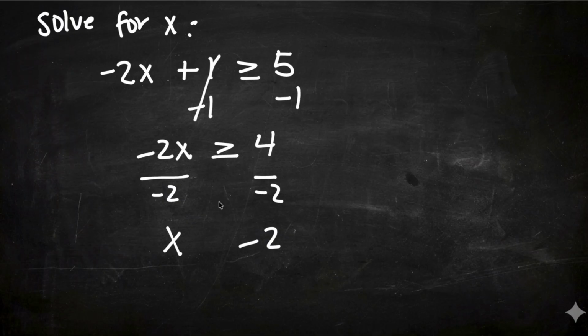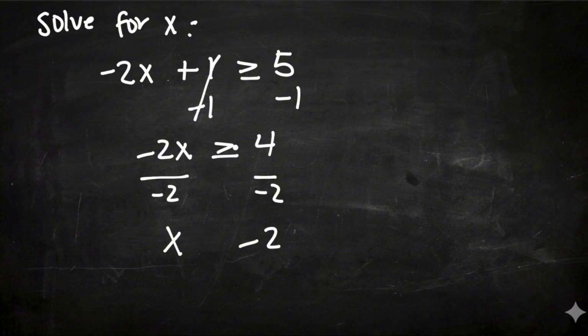Now, something that's very important, which is the big difference between solving for x when it's an equation and solving for x when we're dealing with an inequality, is that when we divide or multiply both sides by a negative number, then we have to flip the inequality. What do I mean by flip? If the inequality was a greater than, it becomes a less than.